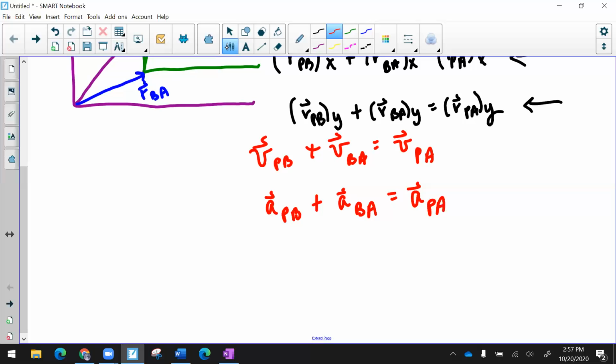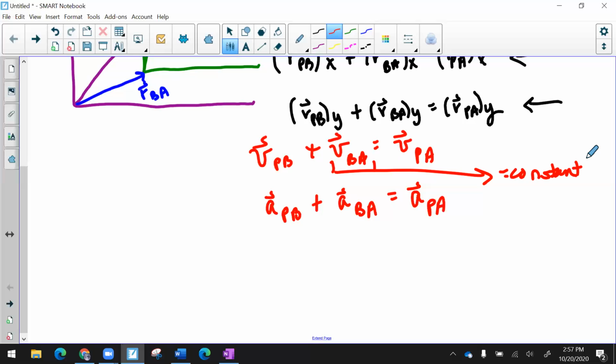Tia. Yes. So what we assume is that VBA here is equal to a constant. Okay, that the reference frames are not accelerating with respect to each other.